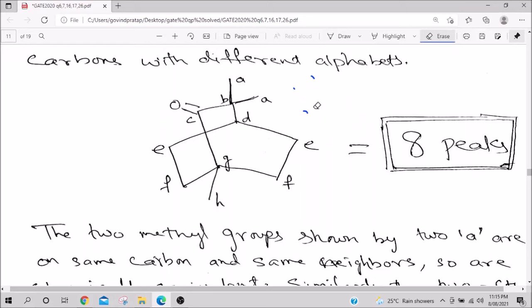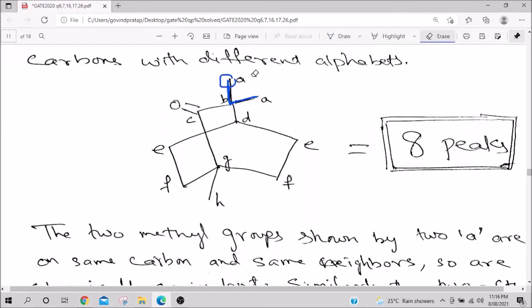On this molecule, let us look at these two methyls. As I move one bond I reach the same carbon, and stereochemically also they are the same, because one C double bond O is there, not that some methyl group here may influence this methyl group differently. It is a very symmetrical molecule.